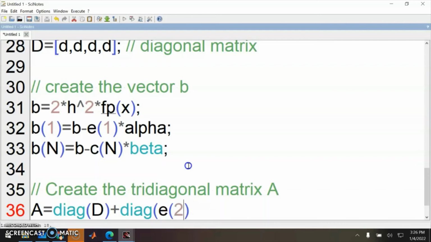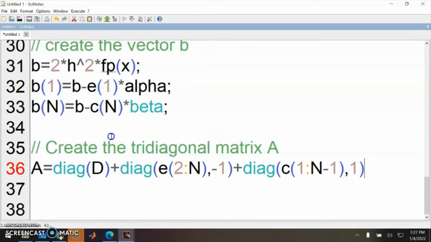Now this is how you create from 2 to N the lower subdiagonal, and then we have the diagonal element, the upper subdiagonal, which is my C, from 1 to N minus 1. Okay, look at that.